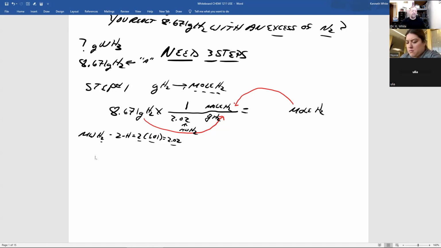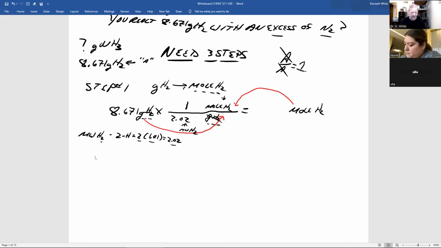And now we'll look before we pick up our calculator. Your units cancel out to give you the right answer unit-wise. Notice grams of hydrogen divided by grams of hydrogen, anything divided by itself equals the number 1, so this cancels out. We're left with moles of hydrogen. That's what we want.